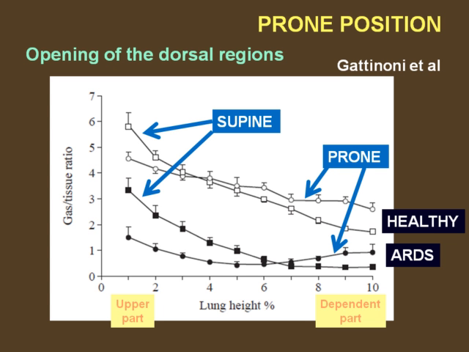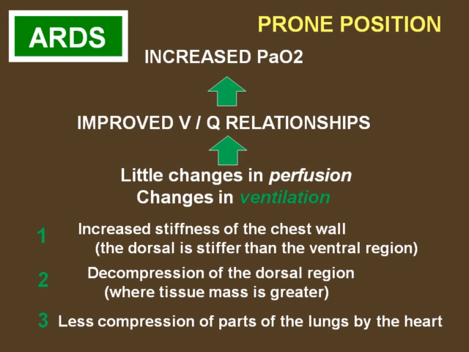And you can see that in supine position, there is a quite significant gradient from the upper part to the most dependent part of the lung. And this gradient becomes much less significant when we are in prone position. So if you wish, there is a more homogeneous distribution of gas.